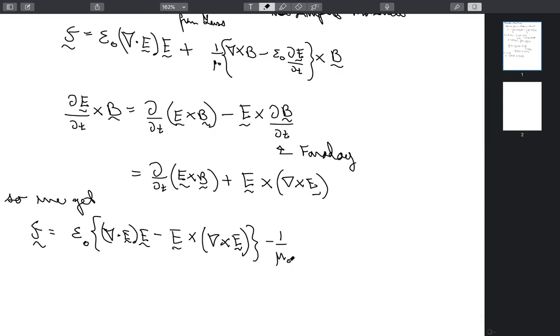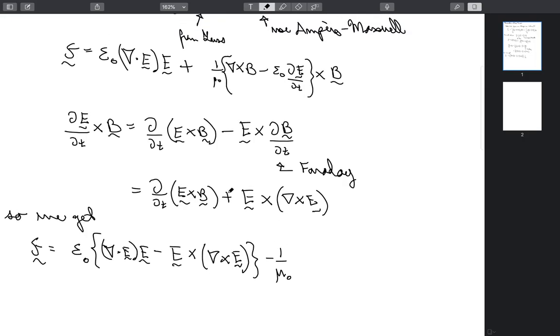I've got a remaining 1 over mu 0, and here you see I can just reorder things. I've got curl of B crossed into B, but I can use the cyclic property to rewrite this as B cross curl of B. And then finally I have the epsilon 0 d dt of my E cross B.